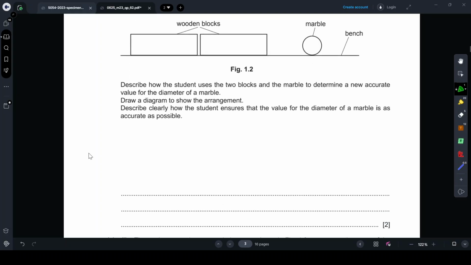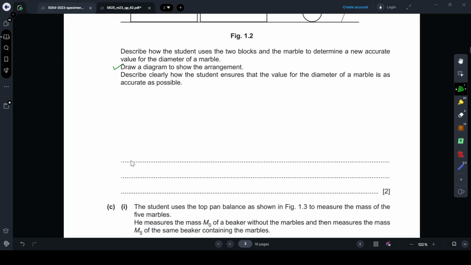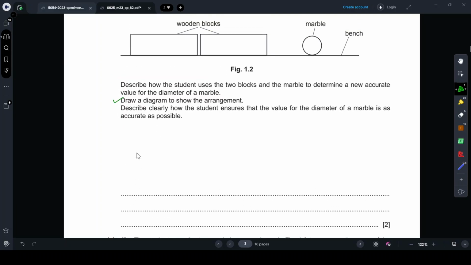Draw a diagram to show the arrangement, right? So they're asking you to draw it. You have to draw it. Describe clearly how the student ensures that the value of the diameter of a marble is as accurate as possible. So what are you going to do? Show the arrangement of what? Of how the kid is going to use the wooden blocks to measure the diameter of this marble.